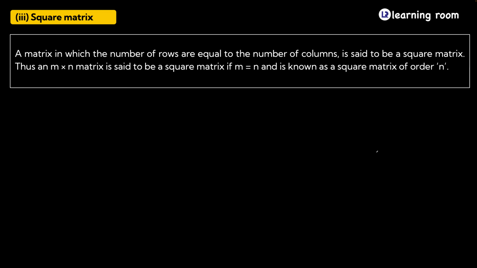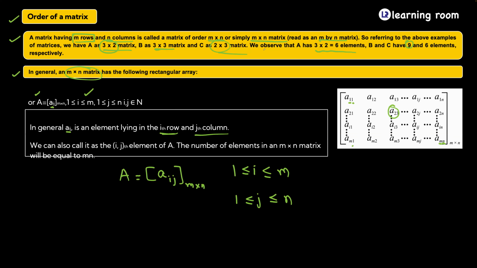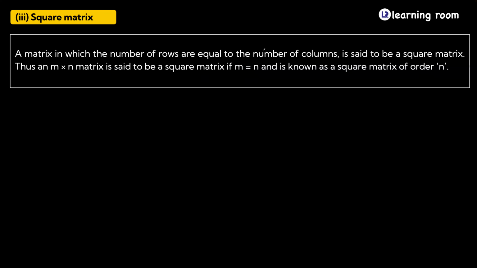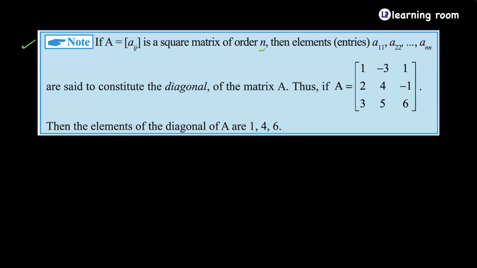When you observe the way matrices are written, you have the elements A11, A22, A33, and it keeps going like that until Ann. These elements are said to constitute the diagonal of that matrix. It is not like a square where you define a diagonal on both sides. It is going to be only from left to right, representing the diagonal elements.